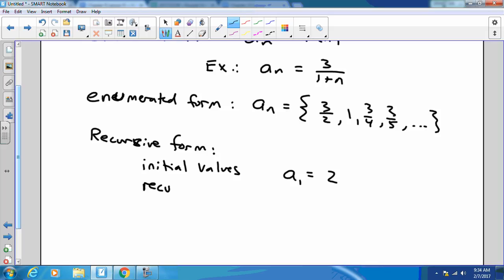And then you get a recursion relation that tells you the value of a sub n in terms of previous values.